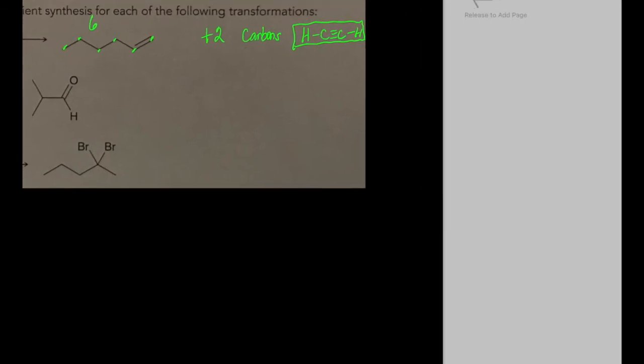So let's do problem 12.8 on the next page. That's problem A. So again, we want to transform the 4-carbon-containing starting material to an alkene that contains a total of 6 carbons.